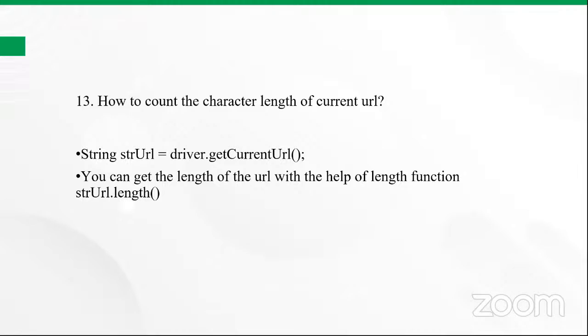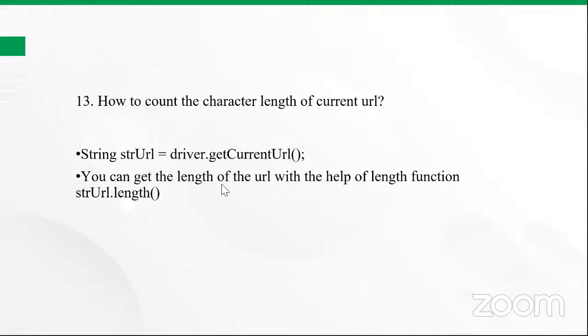Then it returns a string, as I said before. And once you get the string, we can calculate the length of the string with the help of the length function. First obtain the current URL and then use the length method to get the character length of the current URL. I hope it is clear.